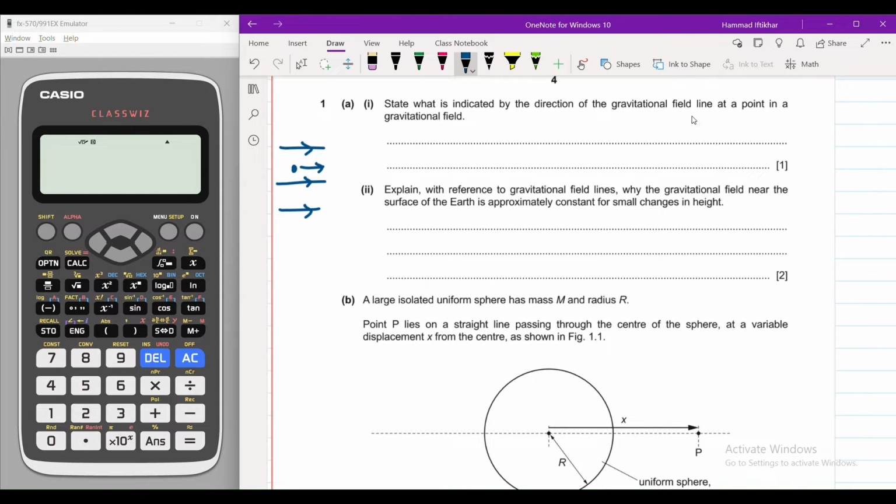The direction of gravitational field lines just represents the direction of the gravitational force acting on a unit mass or a test mass inside the field.